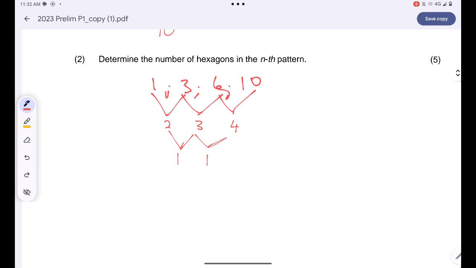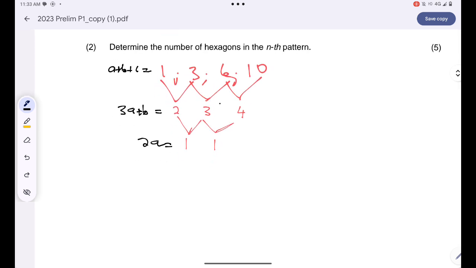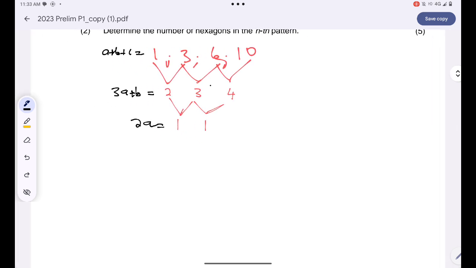Now, I know that 2a is equal to the second difference, and then 3a plus b is equal to the first term of the first difference, and then a plus b plus c is just equal to the first term of this quadratic sequence.